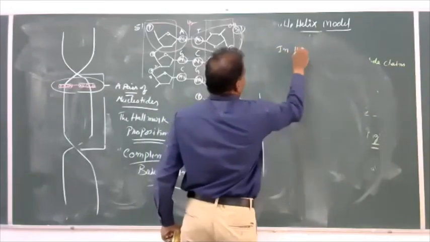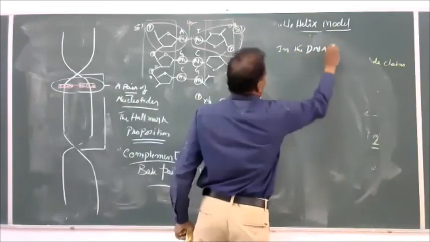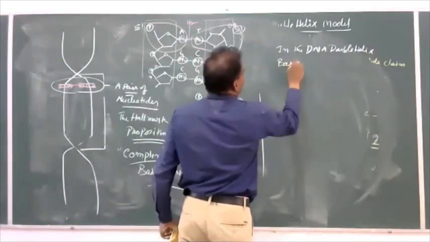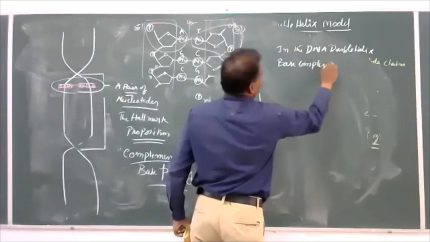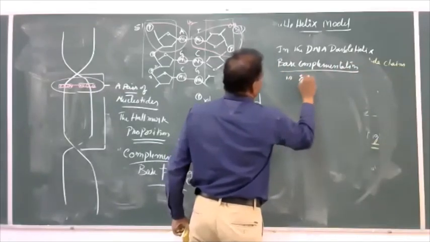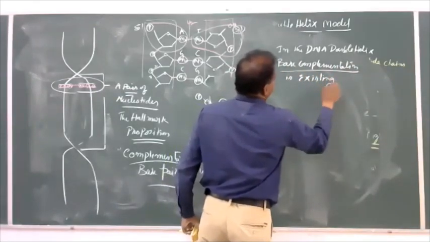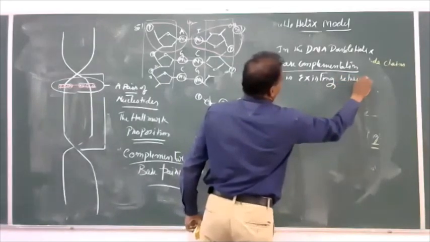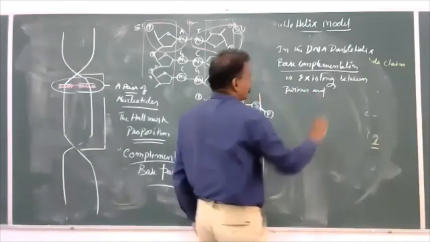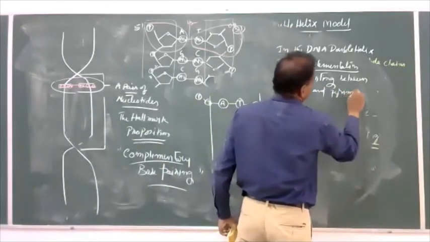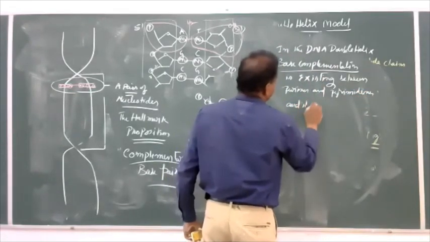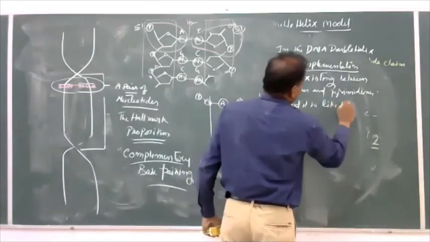In the DNA double helix, base complementation is existing between purines and pyrimidines. And it is like this.